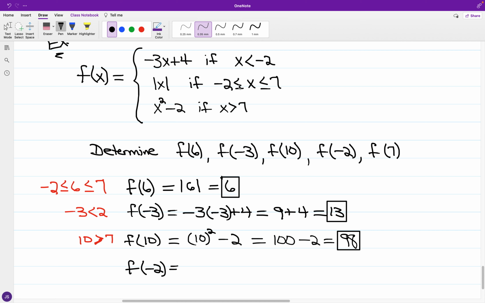While negative 2 is not less than itself, it is equal to itself. And so the compound inequality will fit the bill for the input value of negative 2. And since the compound inequality works, we're going to have, again, f of negative 2 equal to the absolute value of negative 2, and the absolute value of a negative becomes a positive.